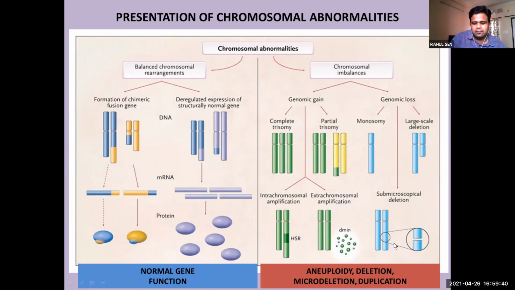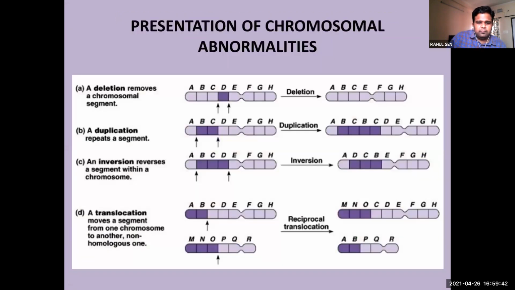This image represents how the abnormalities are seen. In this portion, deletion removes a segment of chromosome, and this segment is now missing. In duplication, there is an extra segment of chromosome, then inversion and translocation.